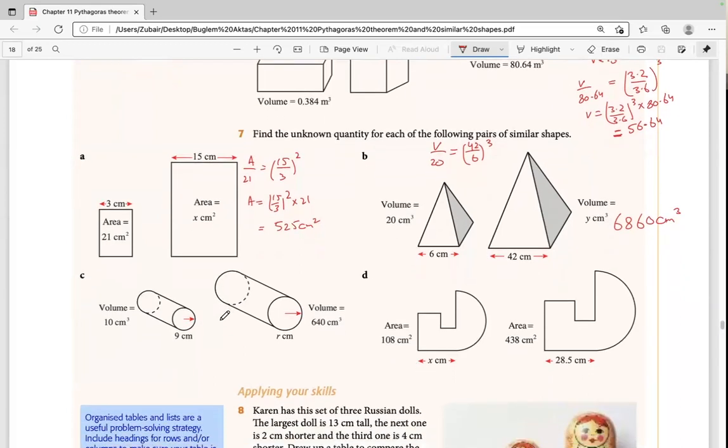C part, radius is missing. That means the length. $36.